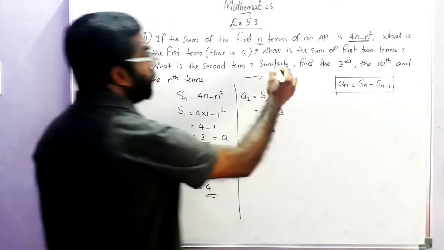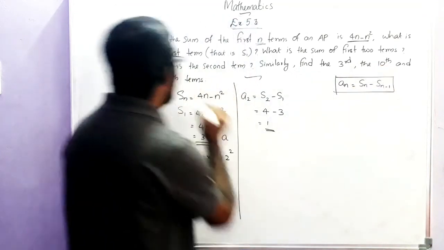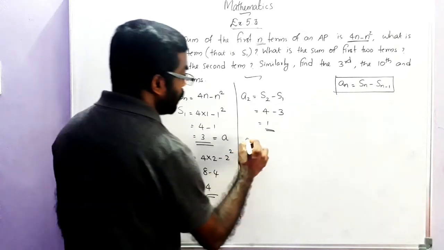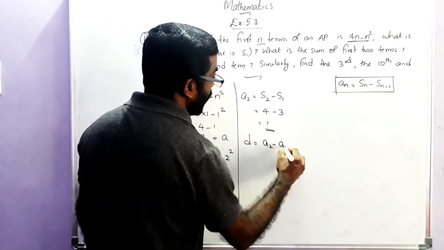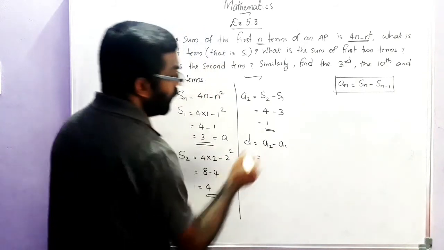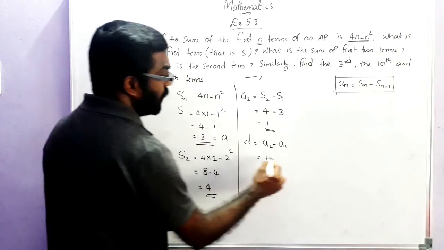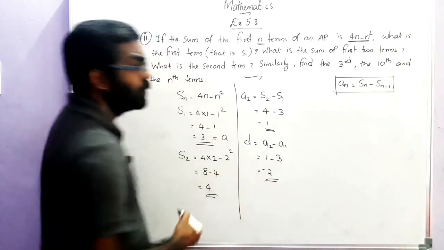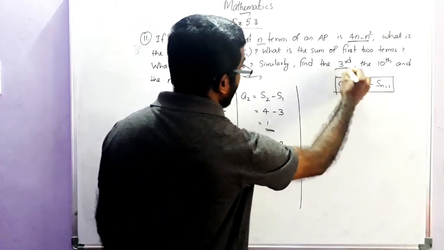Okay. Similarly, find the third, the 10th and the nth terms. So to find these values, we can first find the common difference D. D is equal to A2 minus A1, second term minus first term. Here the second term is 1 and first term is S1 itself, it is 3. So 1 minus 3, which is equal to what? Minus 2. Okay. Now we can find the third term.